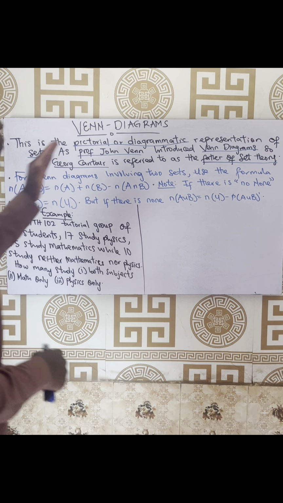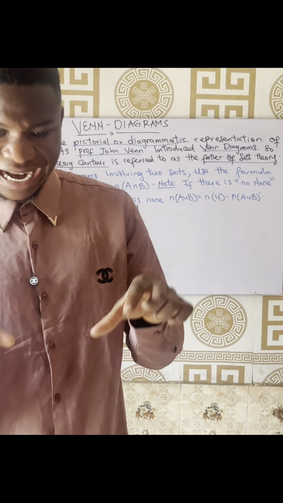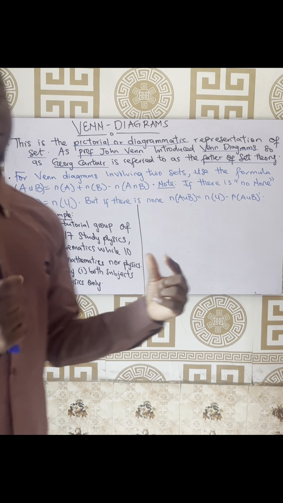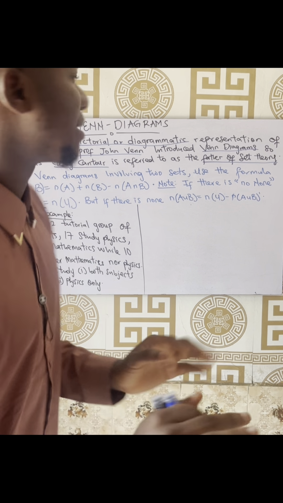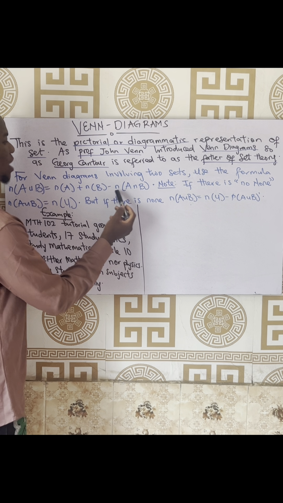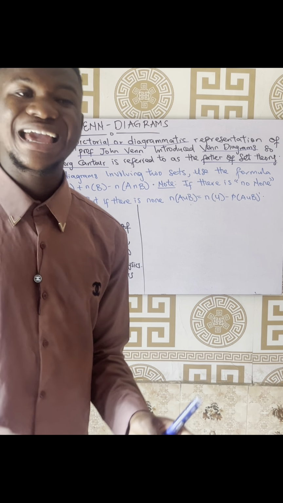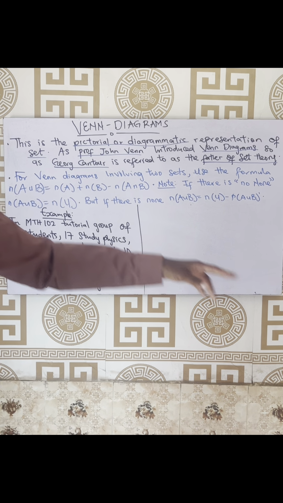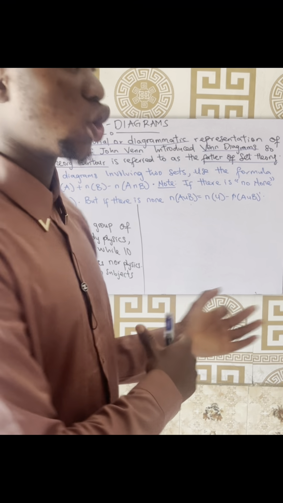So for a Venn diagram involving two sets, if you want to use the diagram, then you have to know this formula, because this formula can also be asked in exams. So the formula is n(A ∪ B) equals n(A) plus n(B) minus n(A ∩ B). Firstly, you have to know what n means. n simply means the cardinality, the number. And you have to know that A and B is just for the general representation of the question.